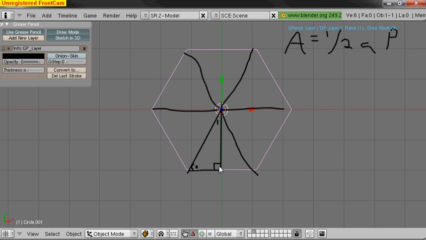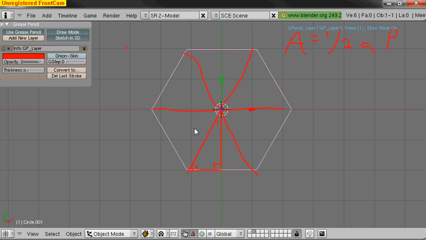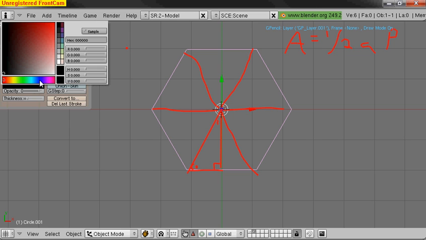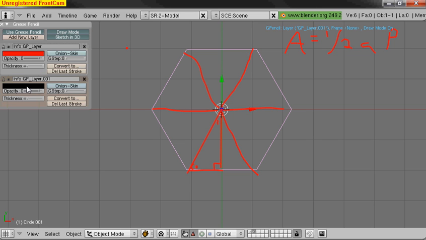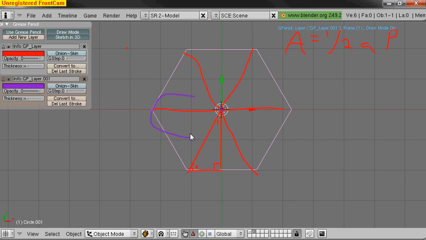So the apothem is the straight part. I'm going to switch the color to emphasize here. New layer, blue. Is this what I want? I'm running out of time anyway. Perfect.